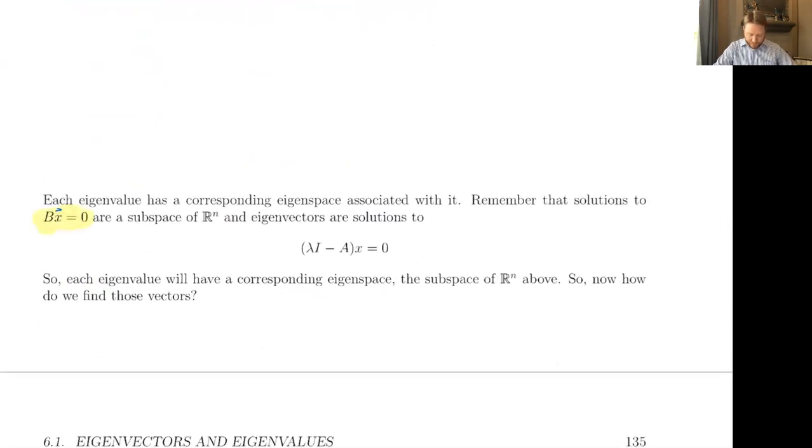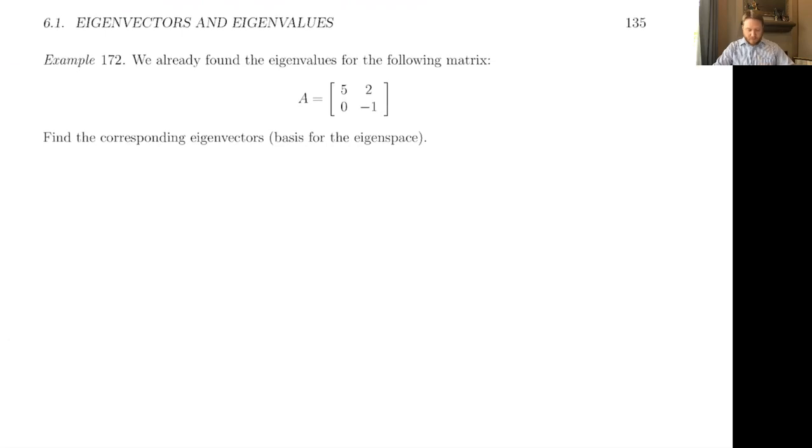So next, we already found the eigenvalues for this thing. How do we find the corresponding eigenvectors? Okay, how do we do this? Now, what we do is this thing, we already discovered, it has eigenvalues of 5 and -1, okay?